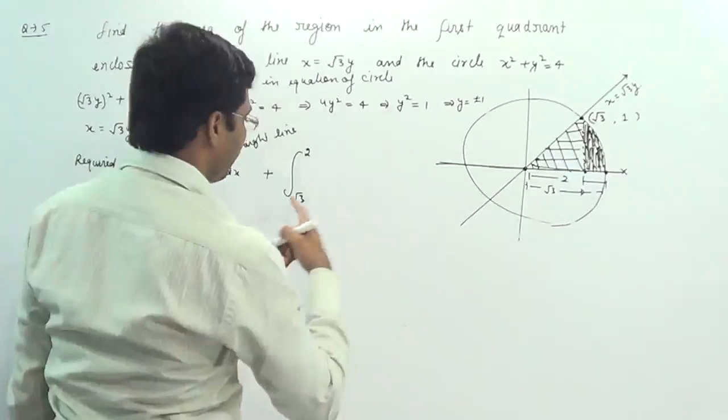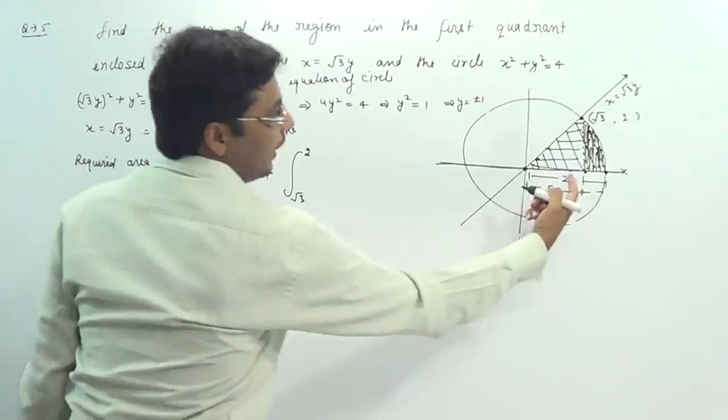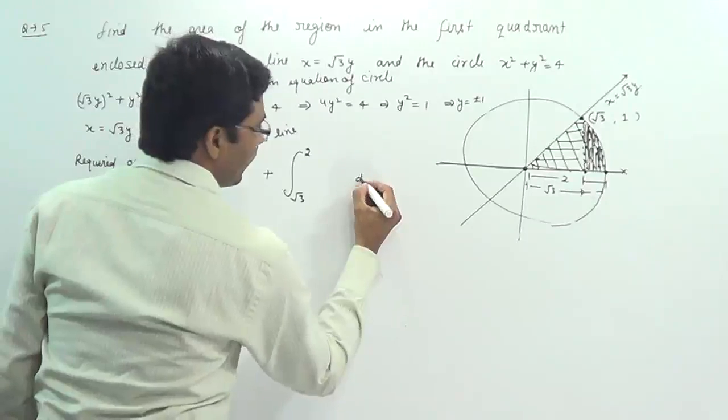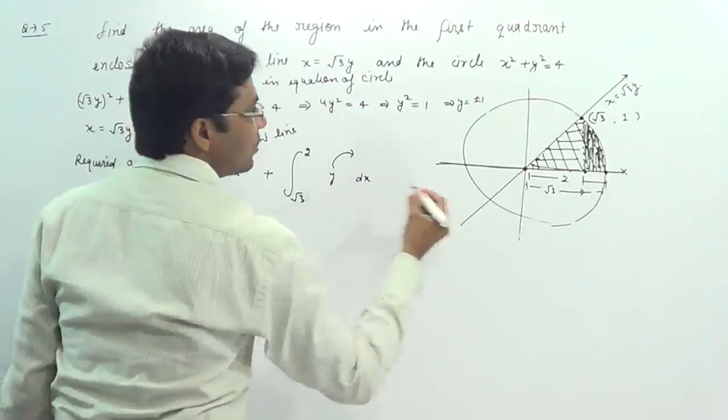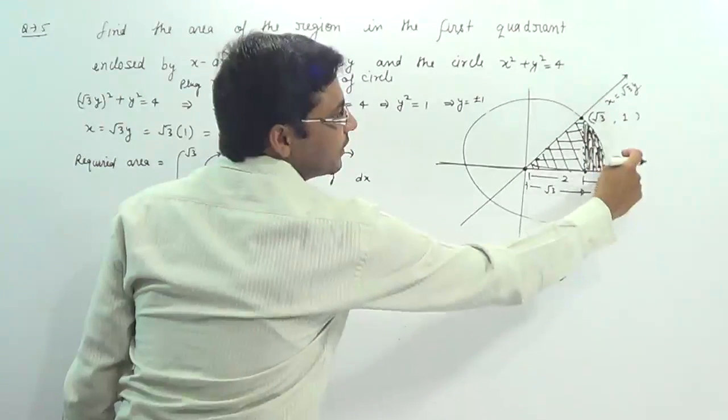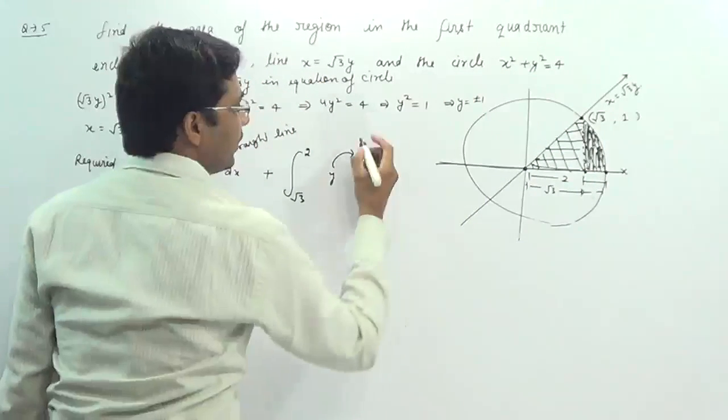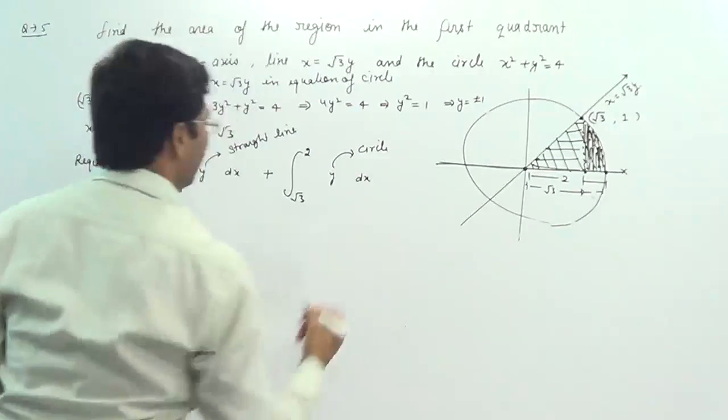So the limits are from √3 to 2. The same limits lie on the x-axis, so we will write dx and y, where y is under this line, and this line is formed by the circle, so it is the value from the circle.